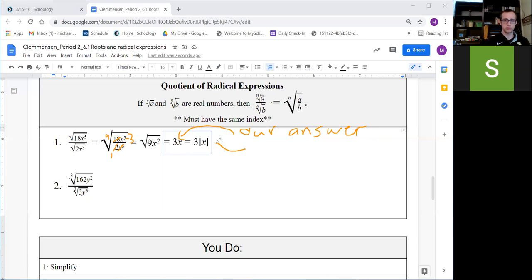The book's answer will be this right here. Now it only happens with an odd power. There's that invisible 1 up top, so because we have that invisible 1, we have an odd power. So they put absolute values around it. If it were an even power, then we don't even need to do that.